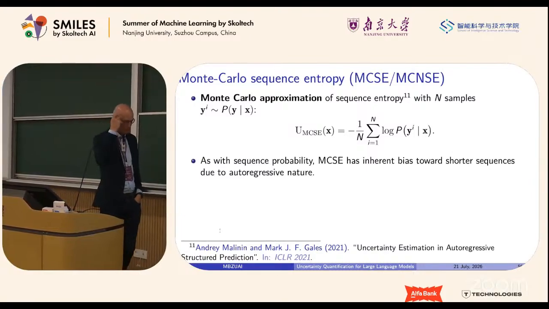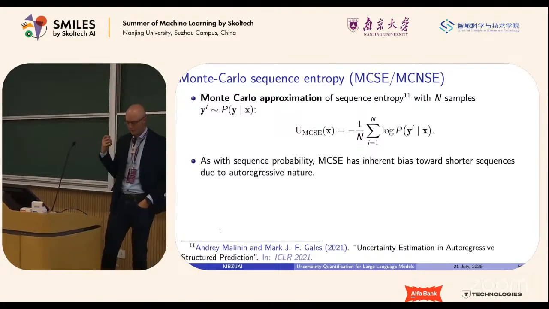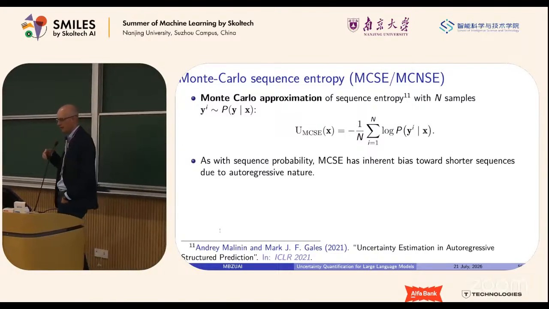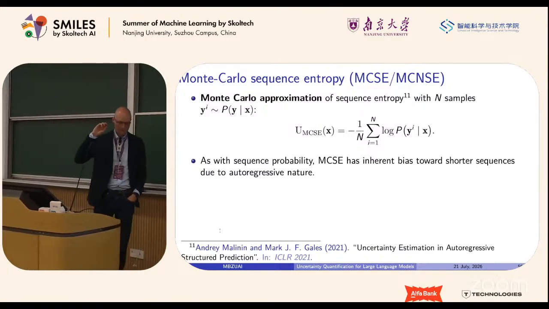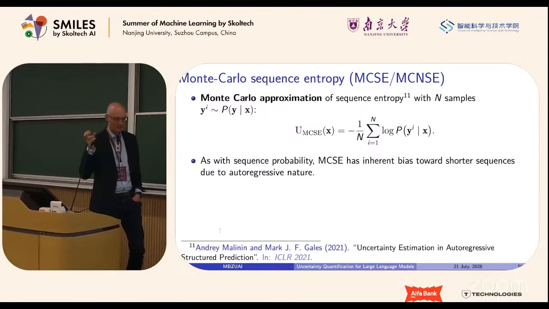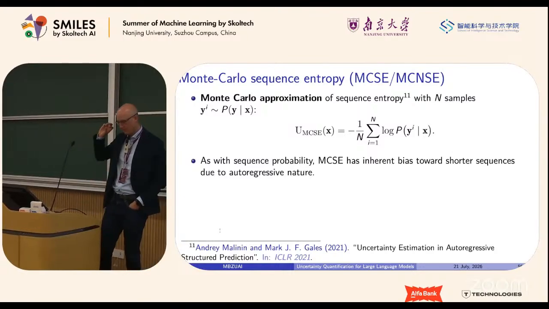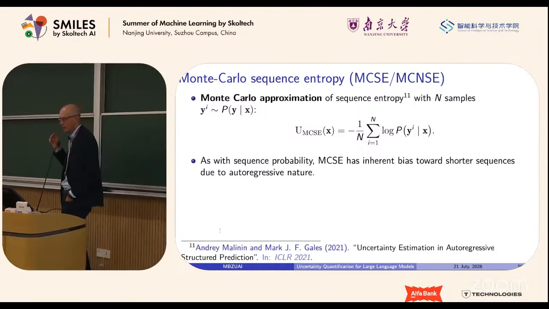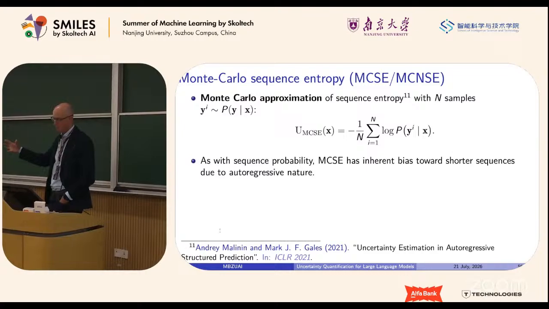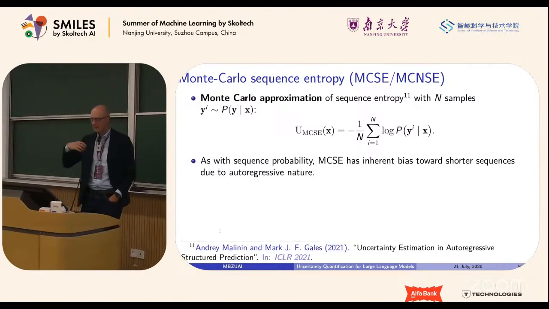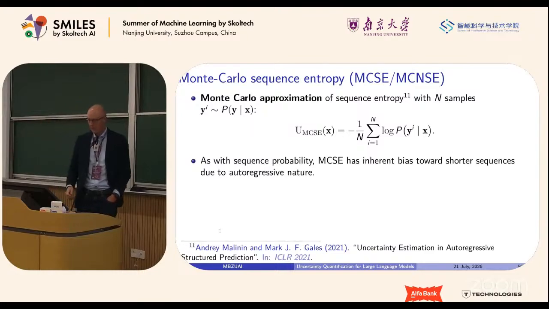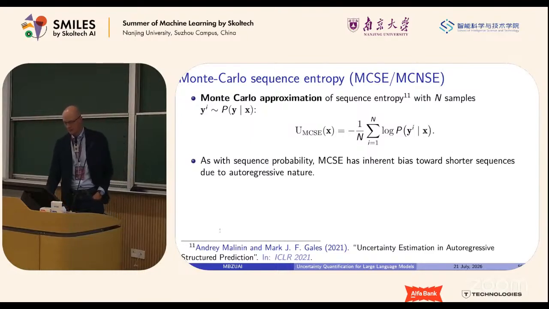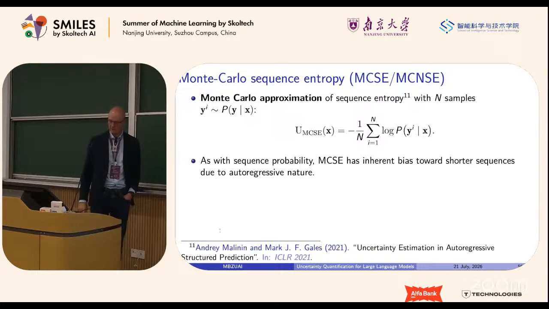You can simply sample multiple generations from the language model and analyze them. You can basically construct all information-based methods in the same way as we discussed before, but aggregating multiple predictions according to different samples, which gives you something like Monte Carlo sequence entropy techniques.